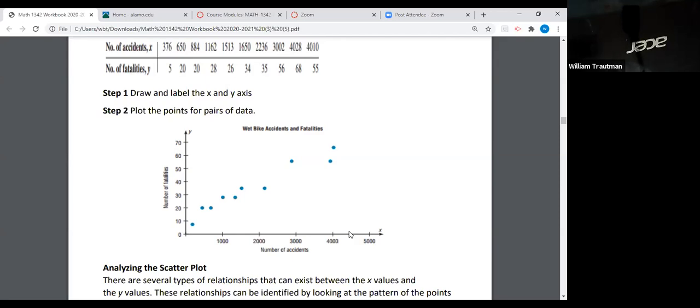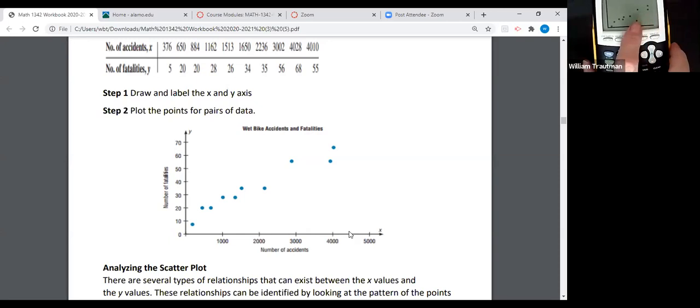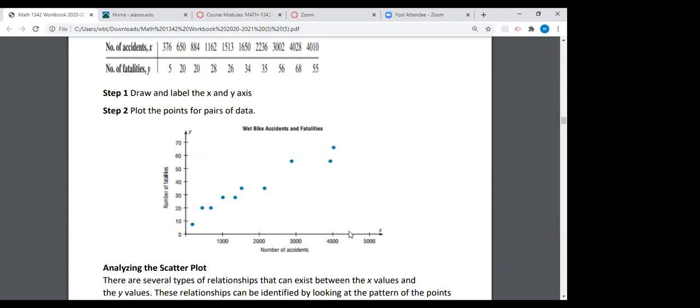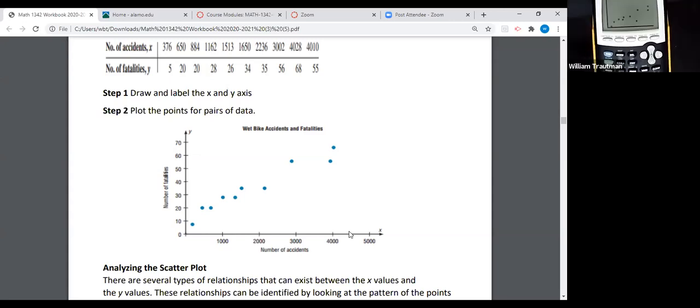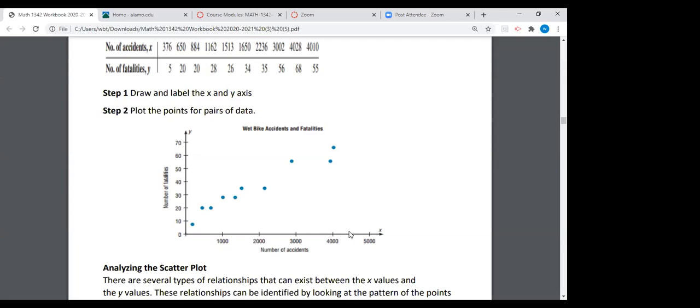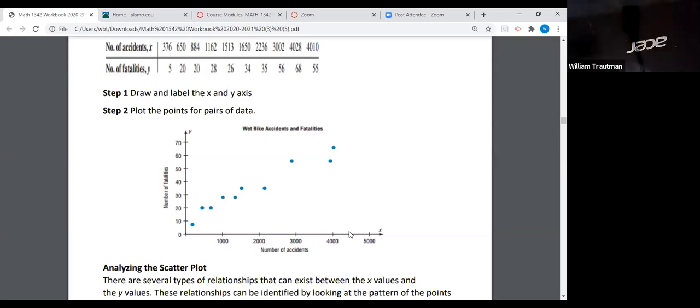Wait, I think I do have it in the wrong spot. If you look at my data, what's it supposed to look like? It has to look like the one in the workbook. Well, this one is off because I changed one of the data points.